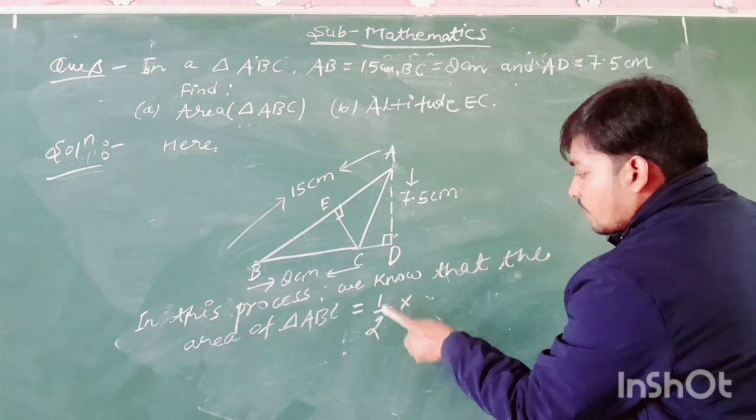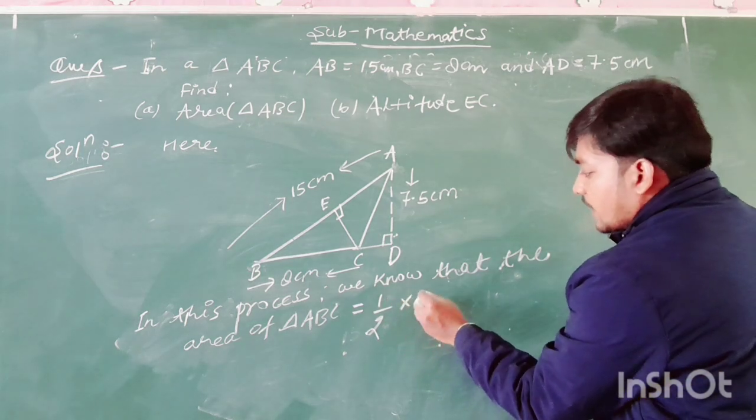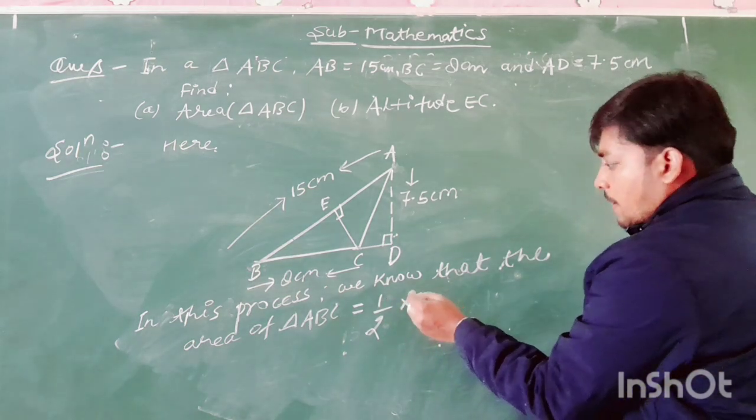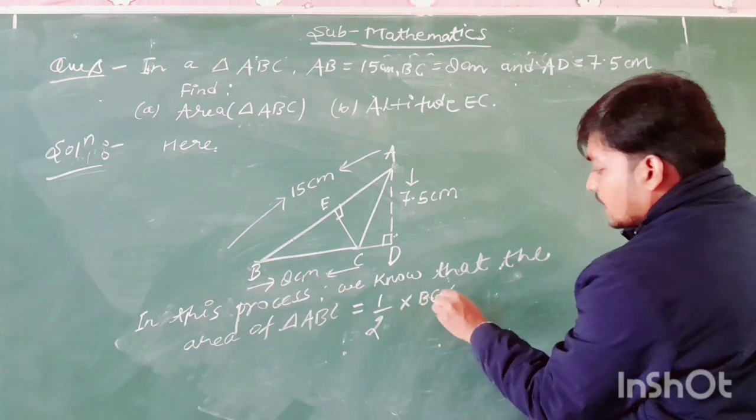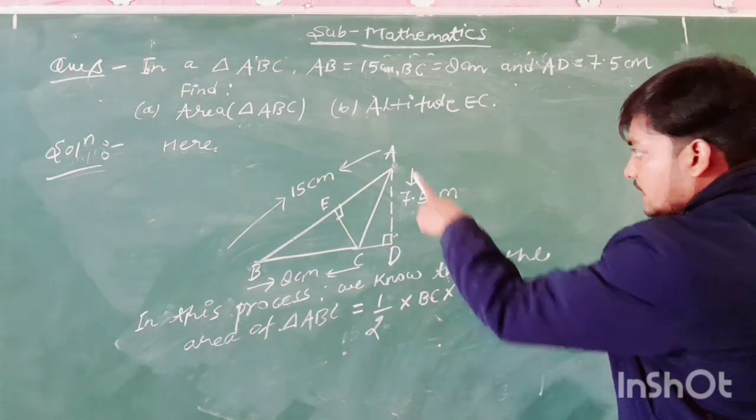So 1 by 2 into base BC, and the respective height is AD.